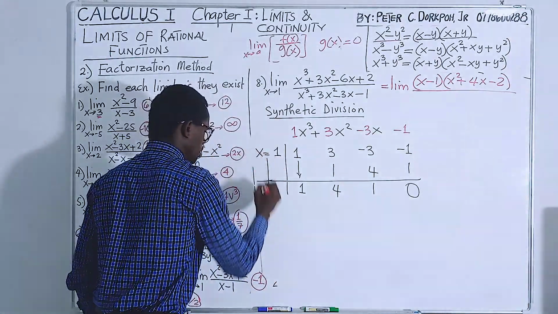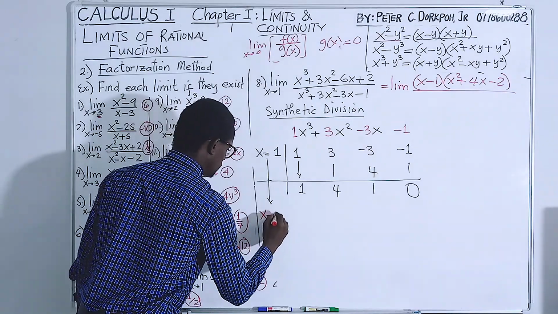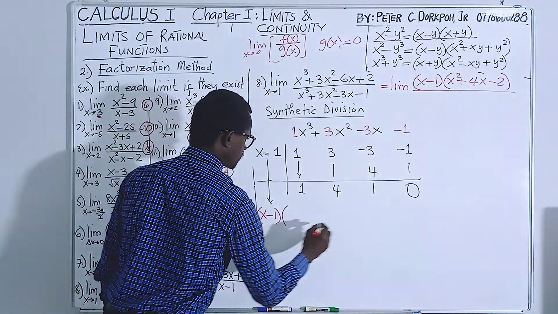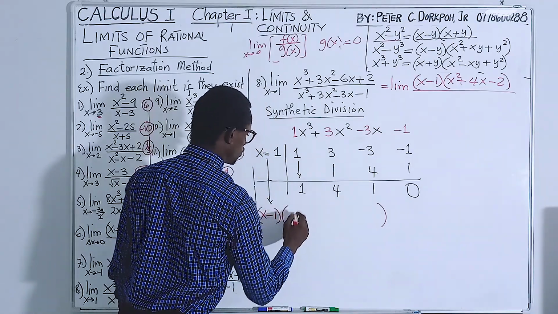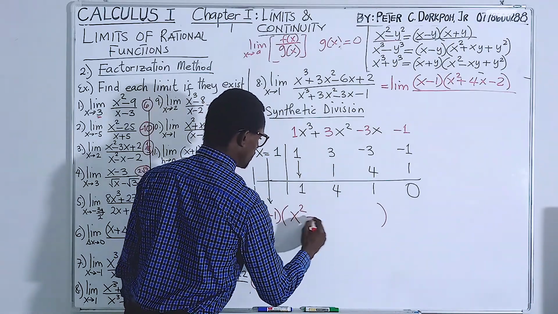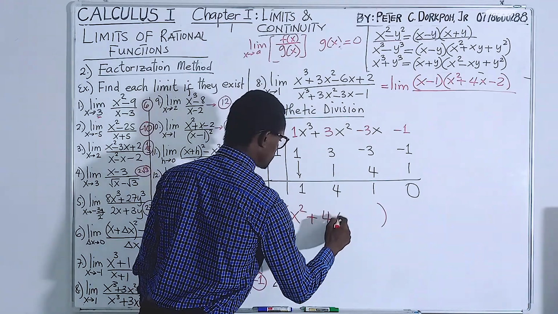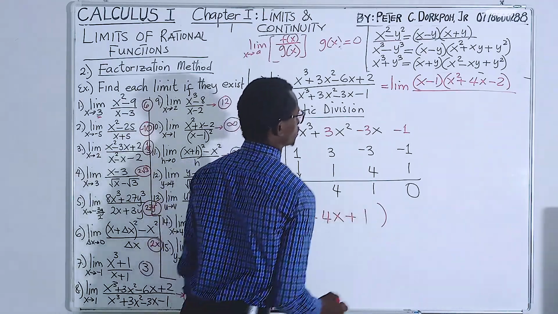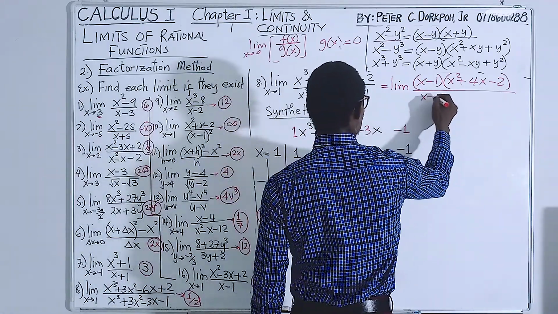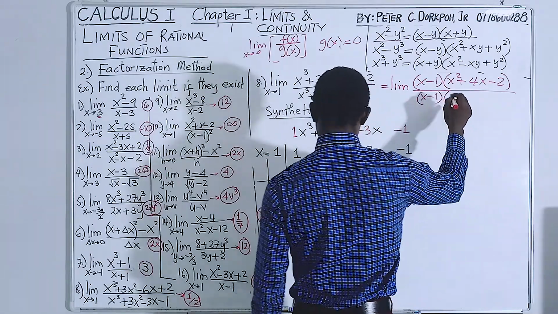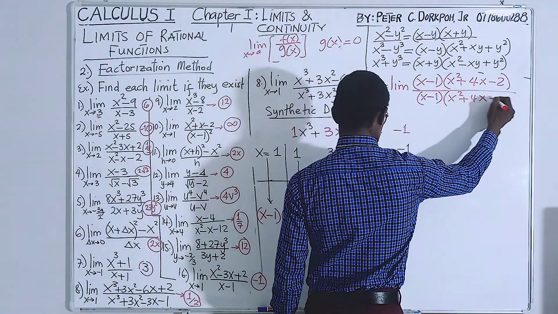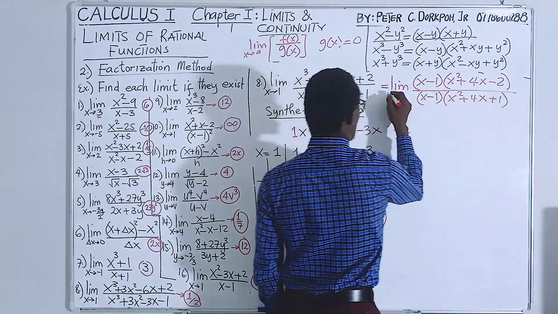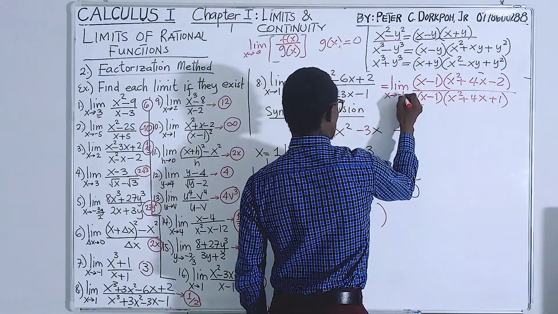So we send this 1 across, it becomes x minus 1 times. So these are our next 3 terms. This is the coefficient of the first term, which is x squared, plus the coefficient of the second one, which is x, plus 1. So down here we have x minus 1 times x squared plus 4x plus 1, as x now is approaching 1.